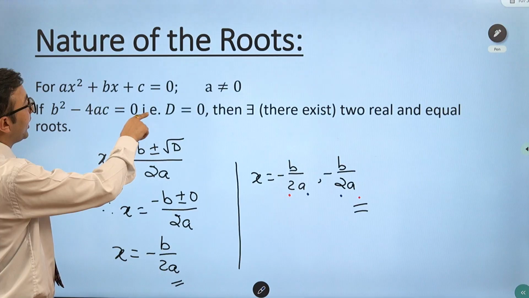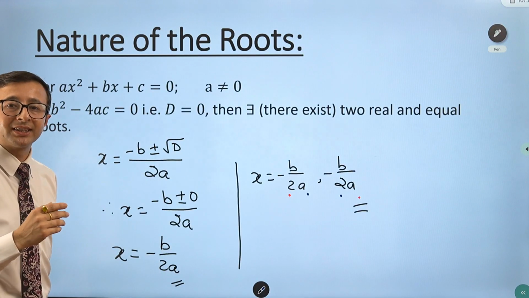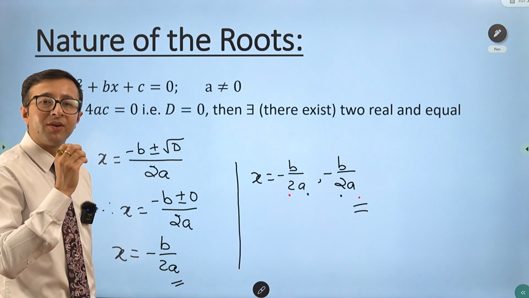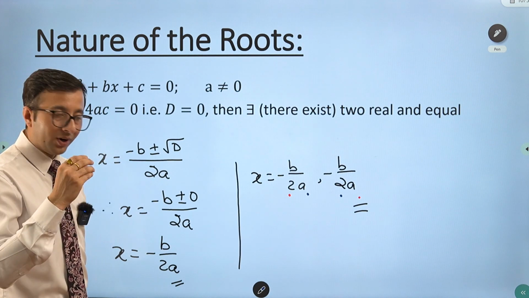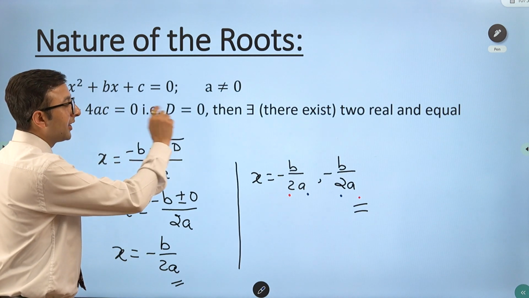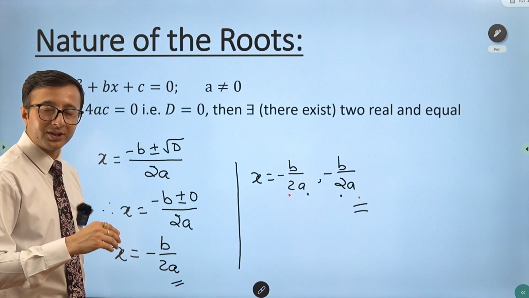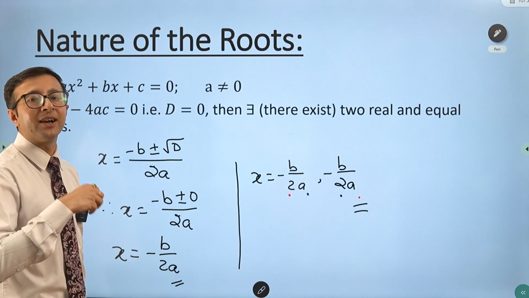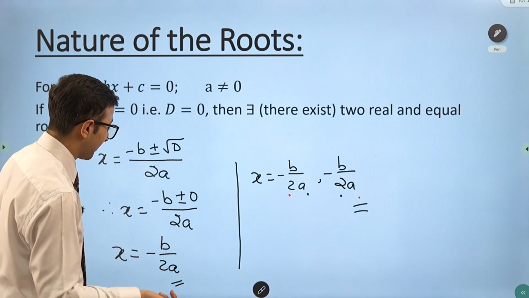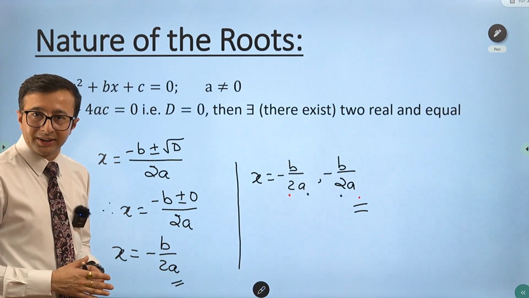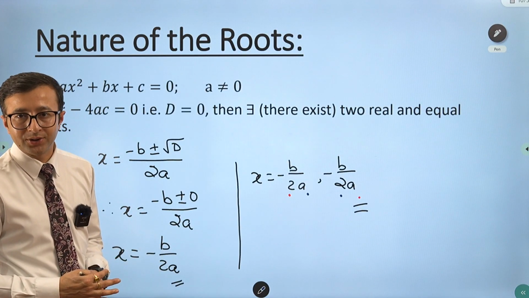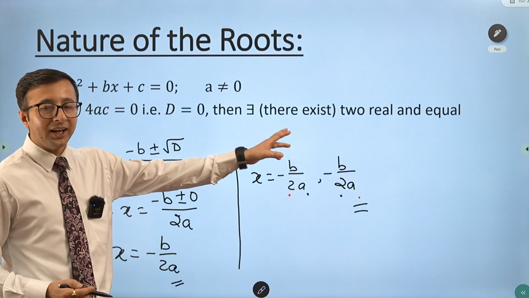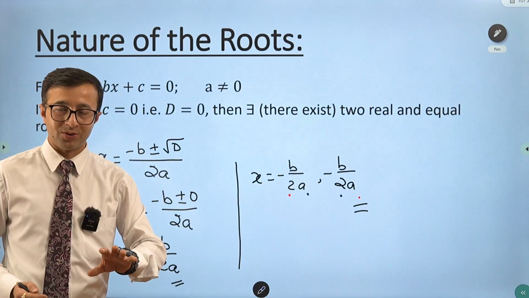Look here, if the discriminant is 0, then there exist exactly 2 real roots and the values of those roots are equal. What I mean to say is that if the discriminant is 0, in a quadratic equation there exist exactly 2 roots, the values of those roots are equal, and they belong to the set of real numbers. Another thing that should be clear to you is if the discriminant is 0, then there exist 2 real and equal roots.